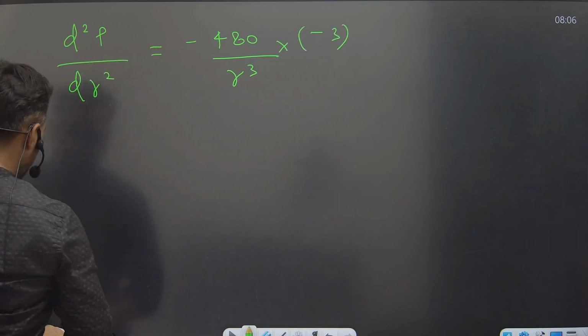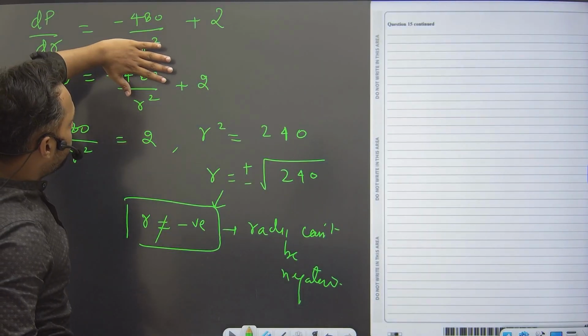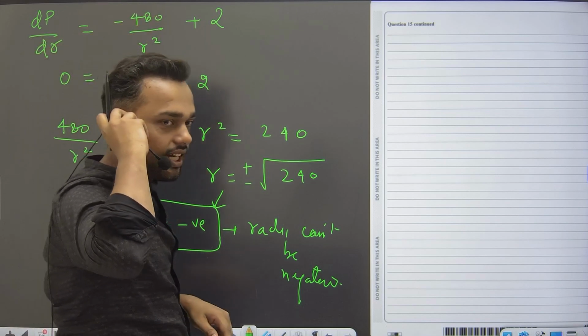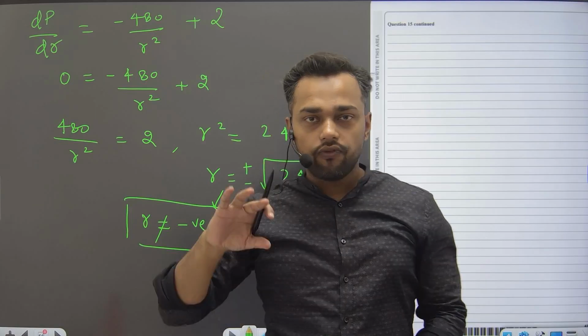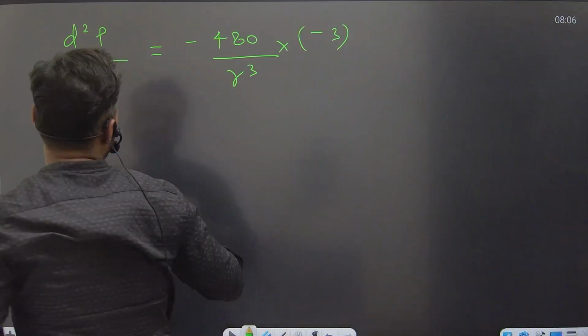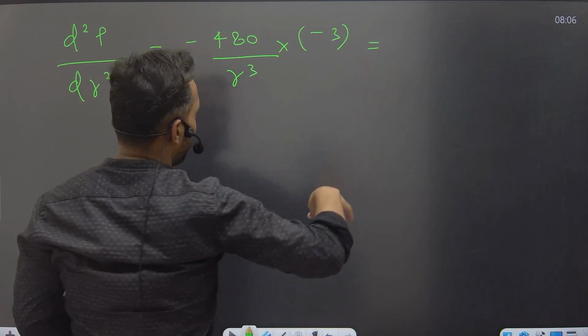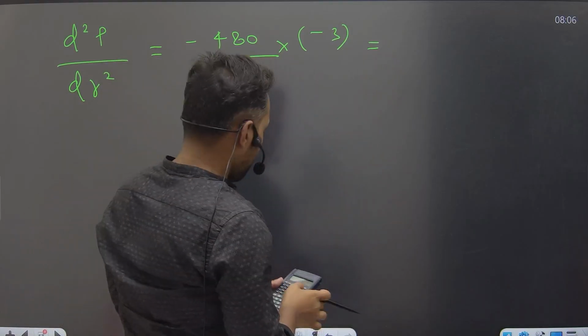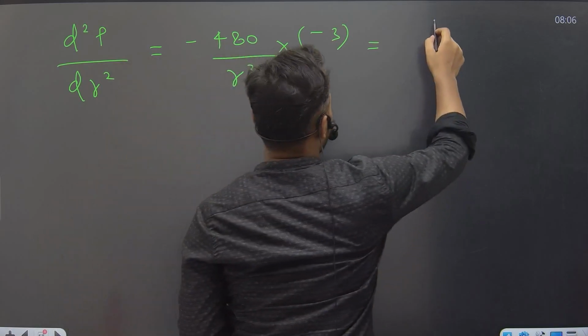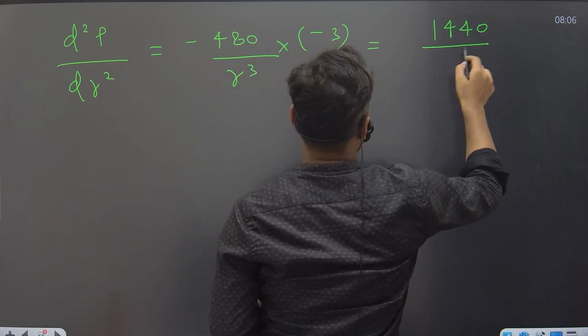We are differentiating this part with respect to r again. This is called the second order differentiation to find out the maximum or minimum value. So here you will get something positive, 480 cross 3, that is 1440 upon r cube.